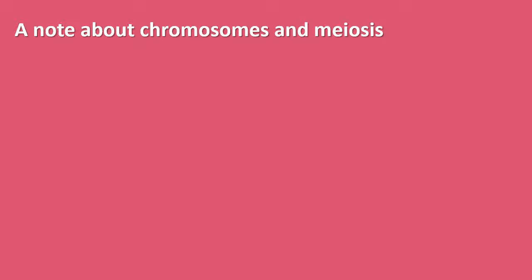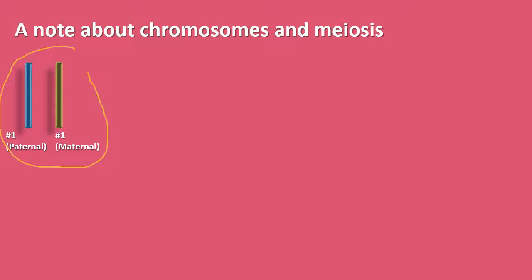All right, just a note about chromosomes and meiosis. Like I said, in the very beginning, in the G1 phase of the diploid cell that's going to undergo meiosis, you have 1 copy of each chromosome. Then that cell undergoes the synthesis phase during interphase and duplicates its DNA.